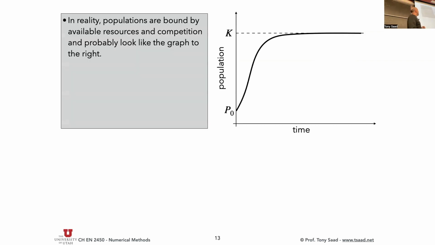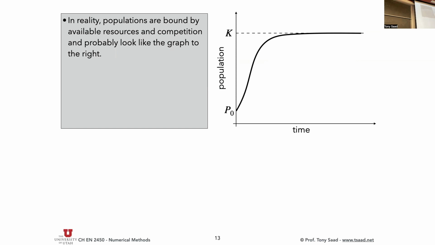Remember, this is still a motivating example. Nothing mysterious here. We didn't need differential equations. There's a point, just bear with me. Now, in practice, populations are bound by available resources. There's predation, there is food availability or lack thereof.